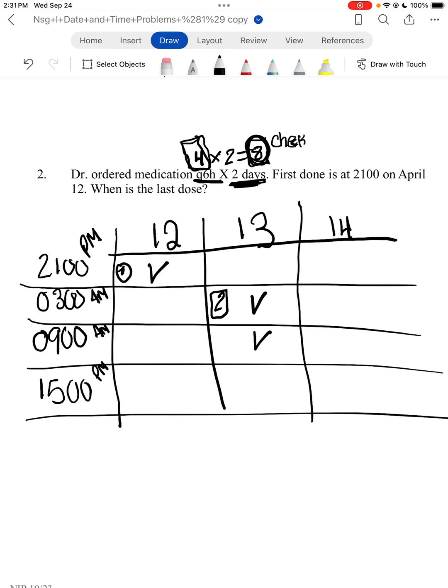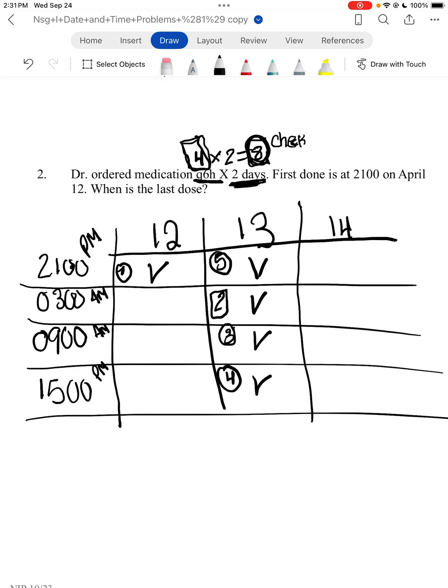Third one. Fourth one. And don't forget, after 1500, we need to go back to 2100, which is still on the 13th. So that will be our fifth one.